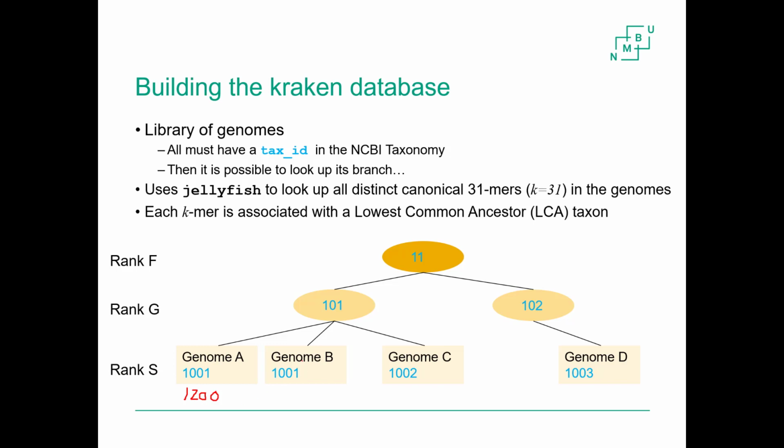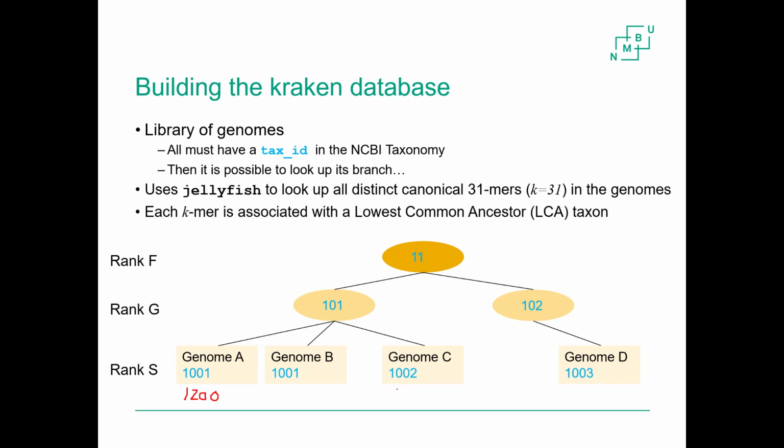Because 800 of these were seen before and 200 were new. So this number increased. So we have 1,200 k-mers associated with this 1001 taxon. Then we go to the third genome over here and collect around 1,000 new k-mers again. And this is a different tax ID.